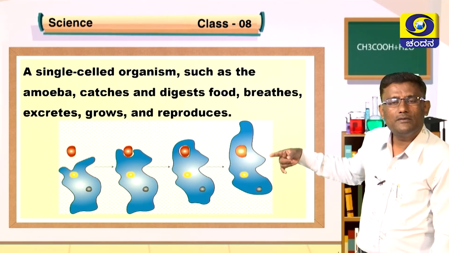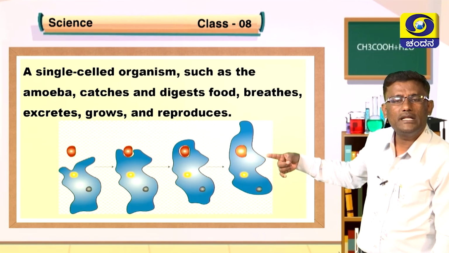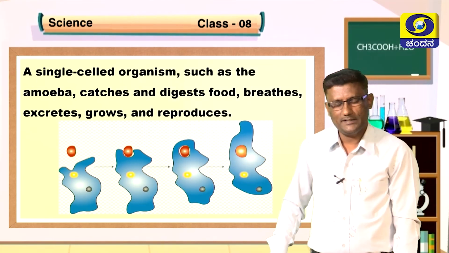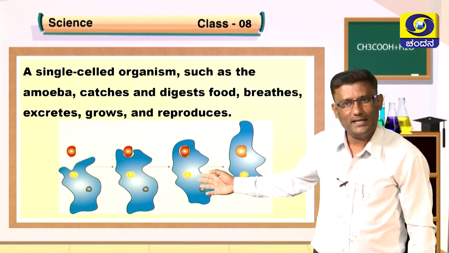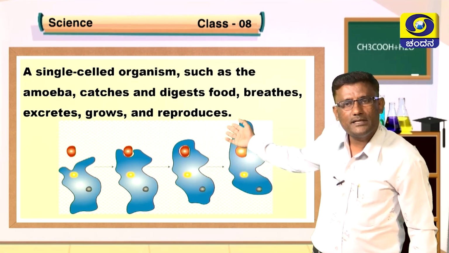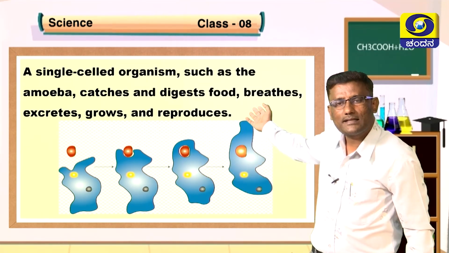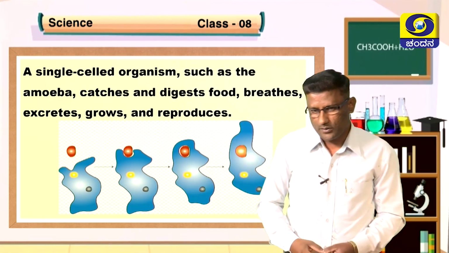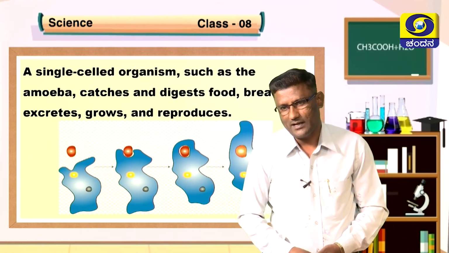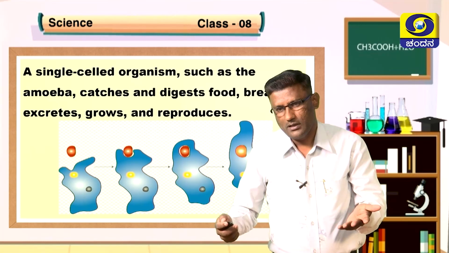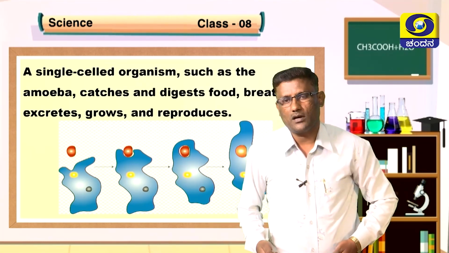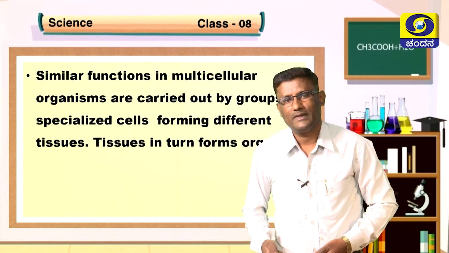After that, the breaking down of the food material takes place inside the amoeba cell. It is a single-celled organism, and it is involved in different processes like breathing, excretion, growth and reproduction, just like multicellular organisms.